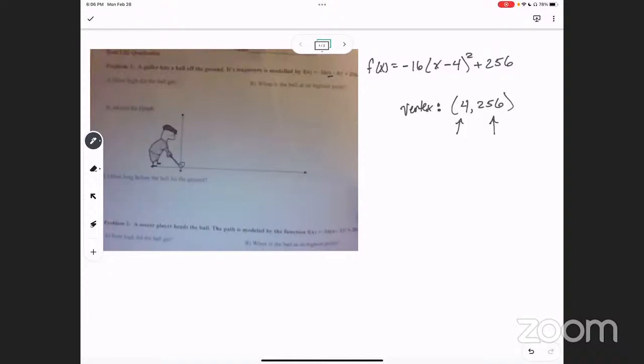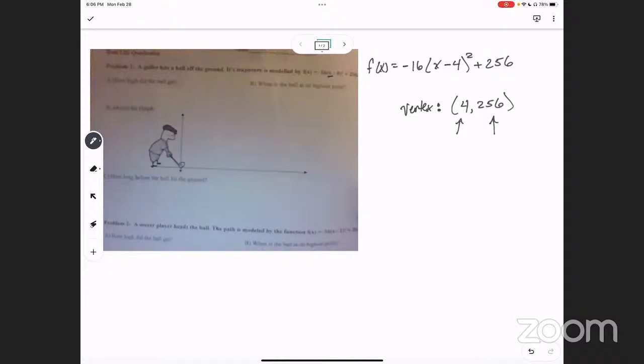So it probably goes as high as 256 feet in the air, which seems a little high. I mean, I guess if it's a wedge, it possibly could be that high. If it's like Bryson DeChambeau, whatever. It's surprising that it didn't tell you what the X and Y represent. Because it seems like it should tell you that.